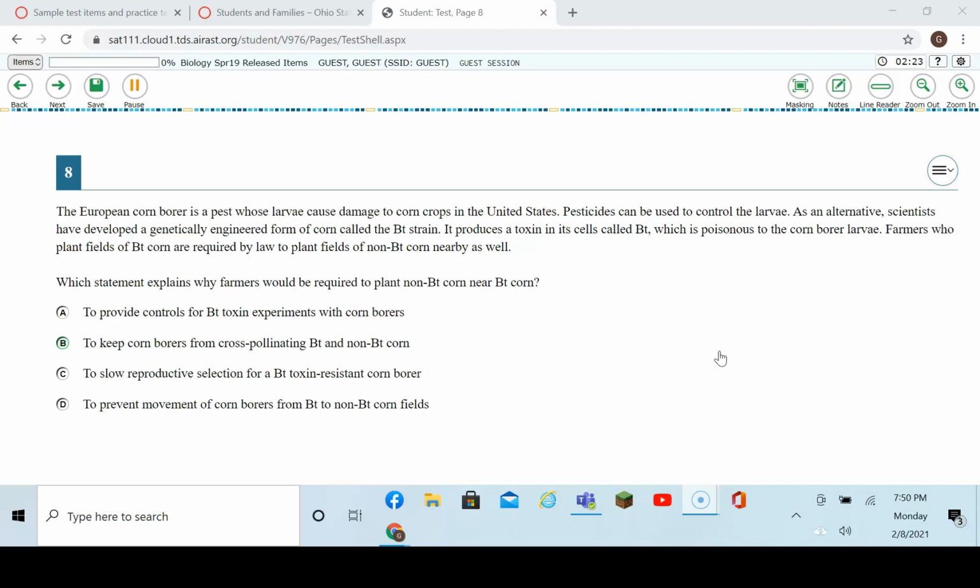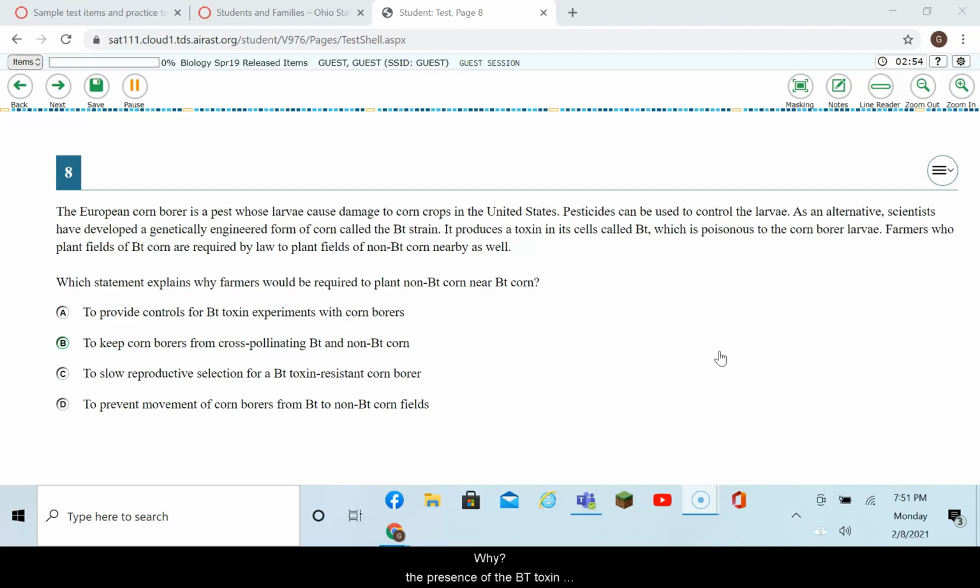Let's look at D. To prevent movement of corn borers from Bt to non-Bt corn fields. Planting fields of Bt and non-Bt corn near each other would not prevent the movement of corn borers between the two fields. It would enable the movement by placing the two fields in close proximity. So our answer is C. To slow reproductive selection for a Bt toxin-resistant corn borer.